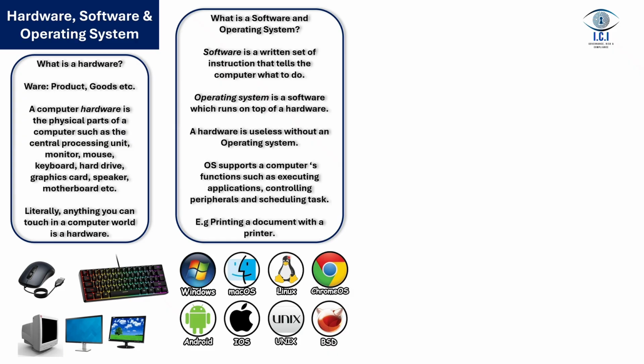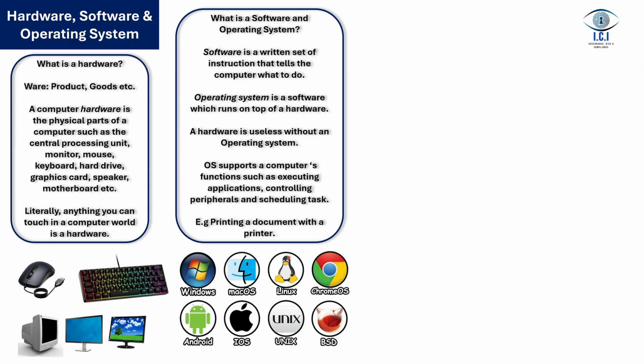The operating system itself is also a software, but what it does is that it runs directly on the computer hardware. So the hardware itself is useless without an operating system, meaning that an application cannot run directly on your laptop or your computer system. It must need an operating system for it to run.